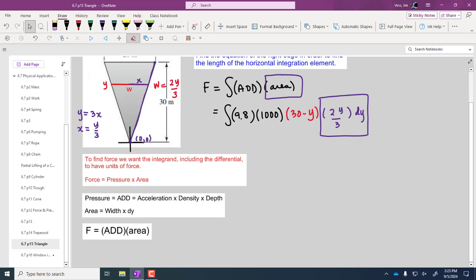So again, it's not the area of the triangle, it's the area of just the rectangle, and our limits of integration are going to go from 0 to 30. So we'll factor out that 9,800 like we seem to have to do a lot. We're going to factor out this 2/3. We're going to be left with the integral from 0 to 30 of 30y minus y squared.